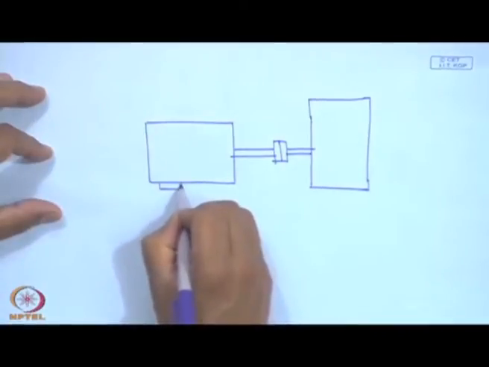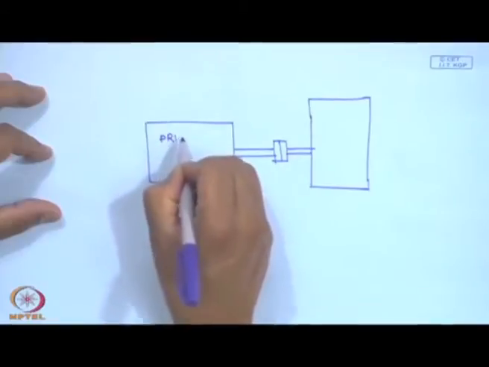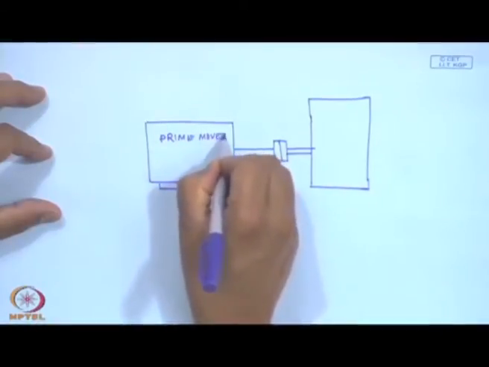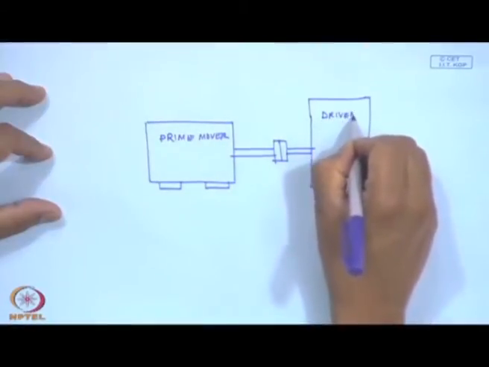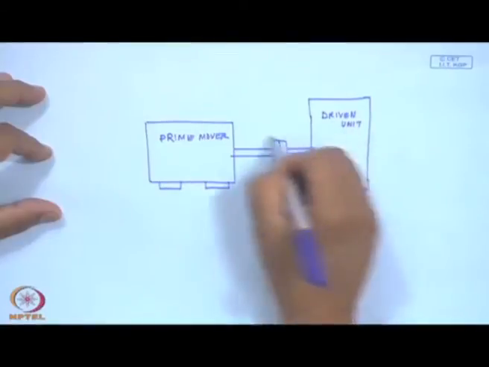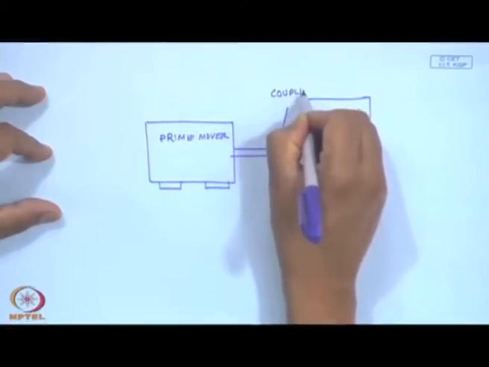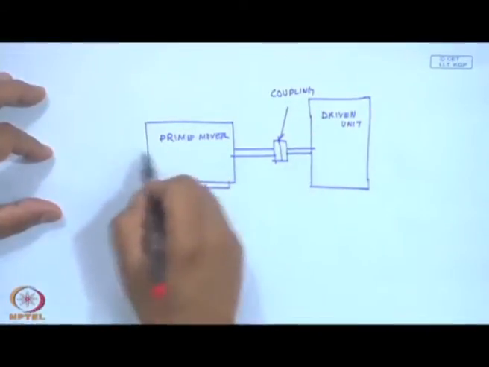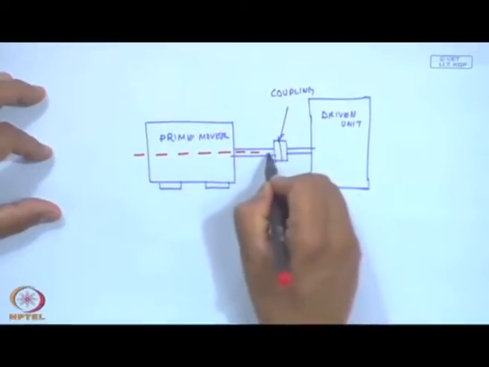This is the prime mover, this is the driven unit, and this is the coupling. The most important point here is the center line of the shafts.